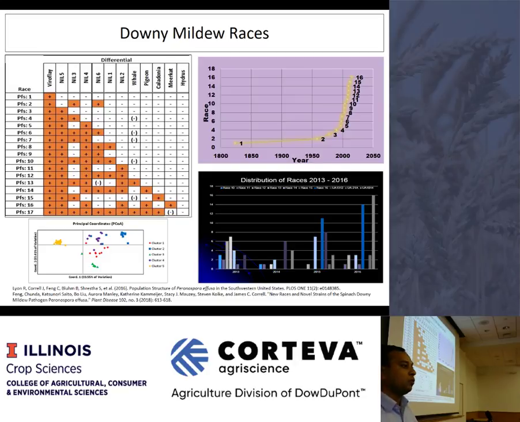It basically depends on what kind of cultivars you grow in your region and what kind of cultivars are grown in nearby regions, because different commercial cultivars use different resistance genes, so they increase and decrease selection pressure.